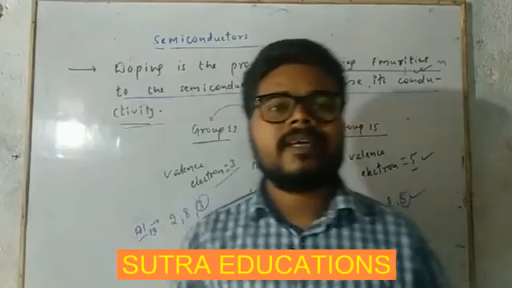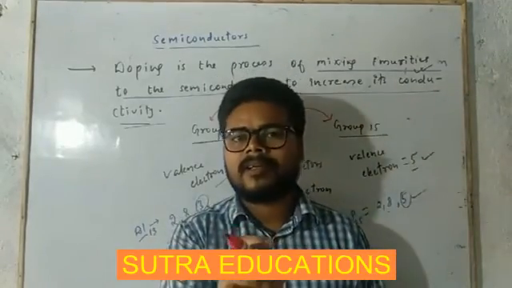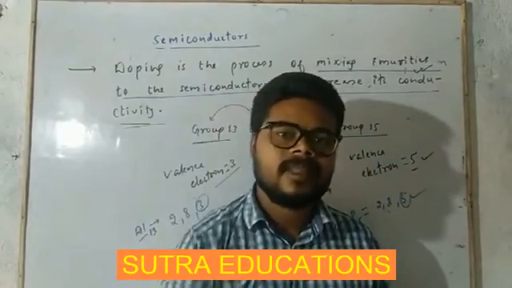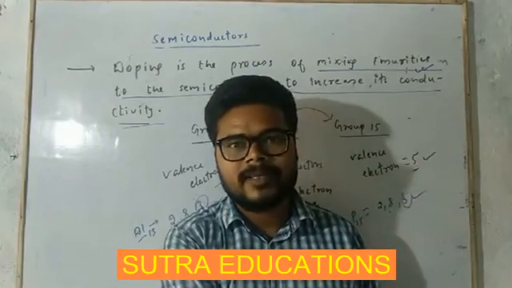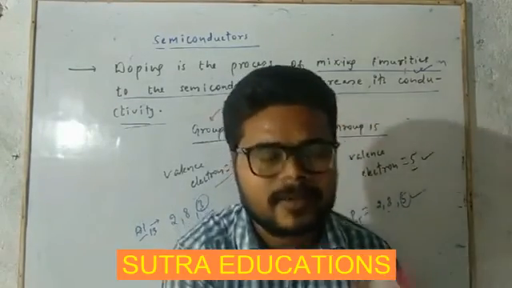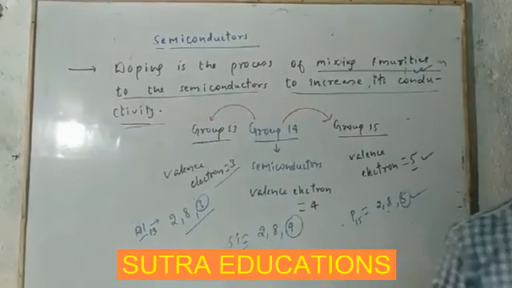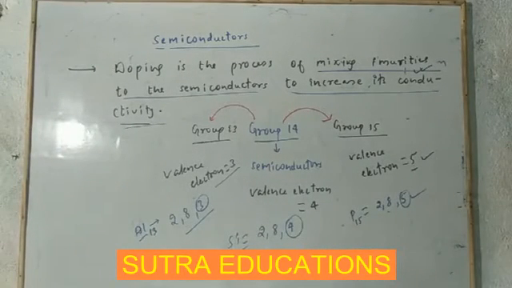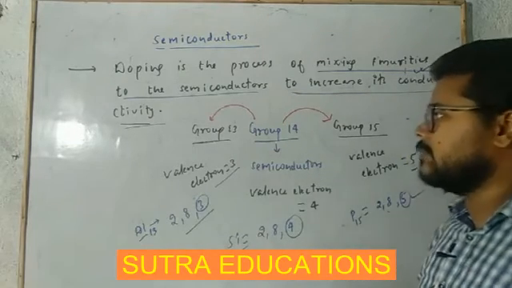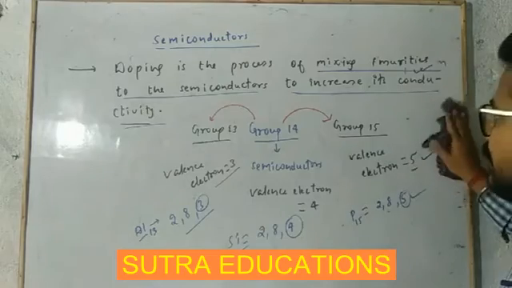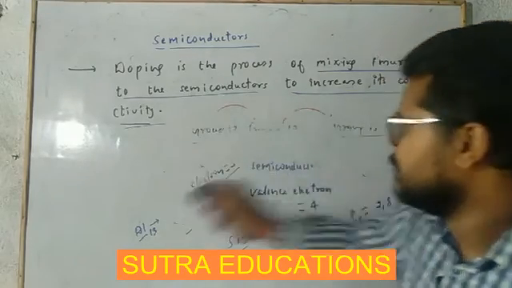One way is to mix the semiconductor with a group 15 element, the other way is to mix the semiconductor with a group 13 element. Getting this now? Now I am giving you an example. When group 14 element is being doped with group 15 elements, what will happen? So let's see.